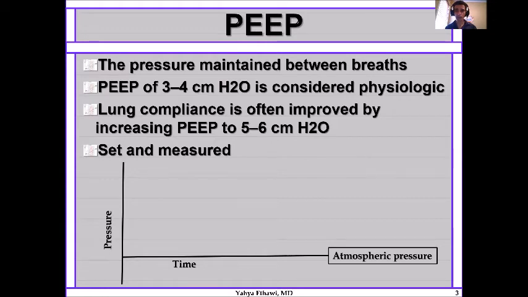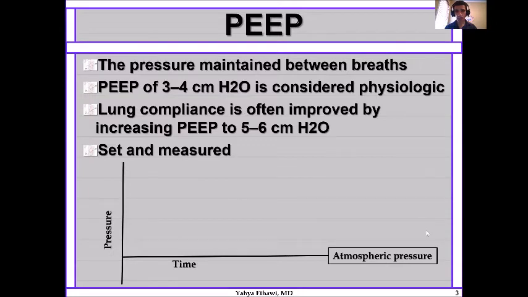Because during the breath, there is inspiratory pressure we weren't able to measure, so it's only being measured between the breaths. The physiological level of the PEEP, or what we call intrinsic PEEP, is about 3 to 4 centimeters. If you want to improve the lung compliance, you give more than that, about 5 to 6 centimeters of water.